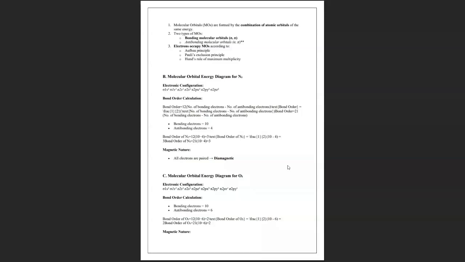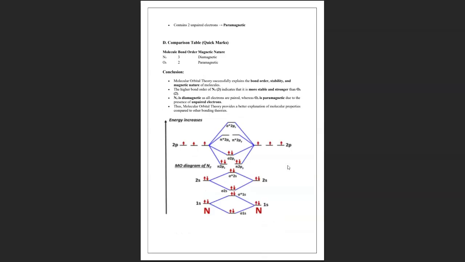Then draw the molecular orbital energy diagram of N2 and then O2, compare them in a table, and mention magnetic nature clearly. Even if the explanation is short, a correct diagram gives more marks. So draw the diagram clearly and neatly so that the examiner can check the diagram and give you marks.